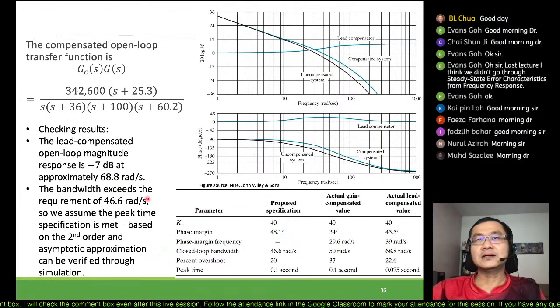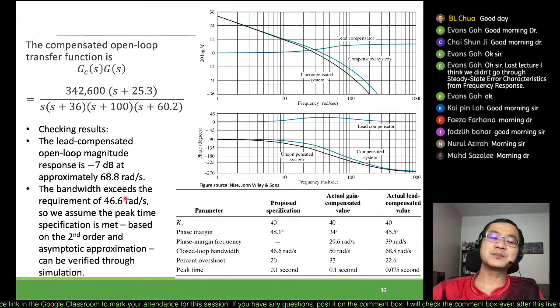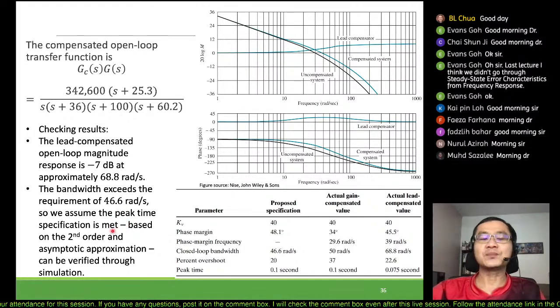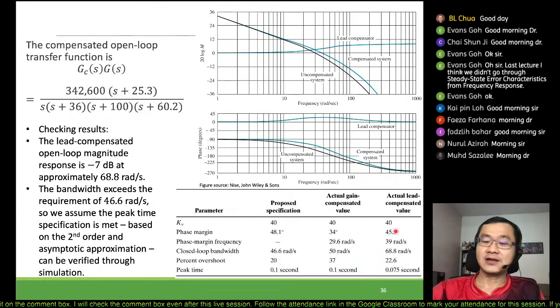Therefore, we may foresee that when this bandwidth exceed the requirement, the peak time should be able to meet, right? But nevertheless you can always do the simulations, okay, and you'll notice that the Kv maintained 40, right? No change.